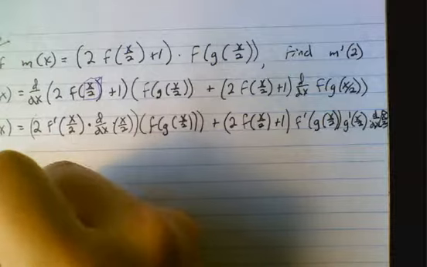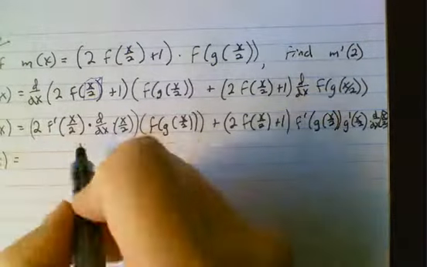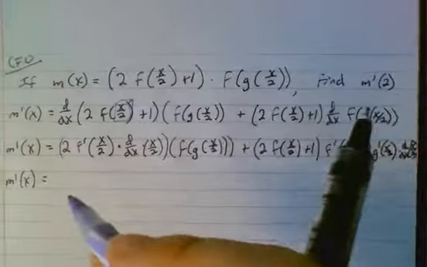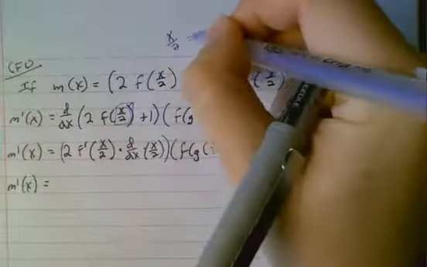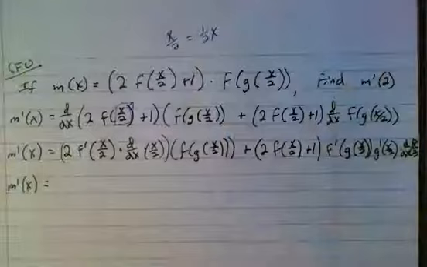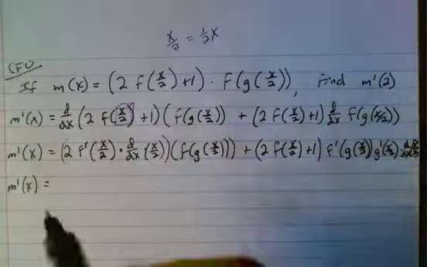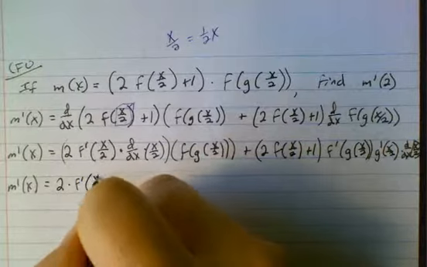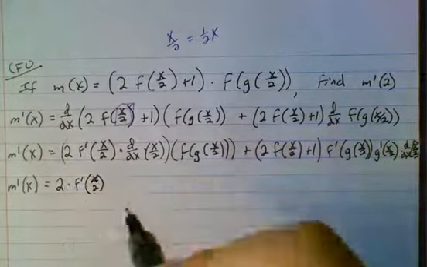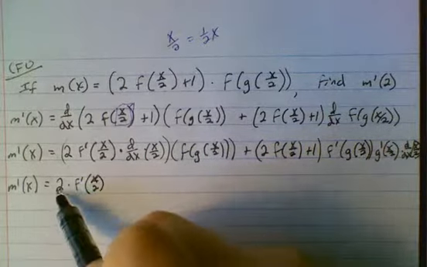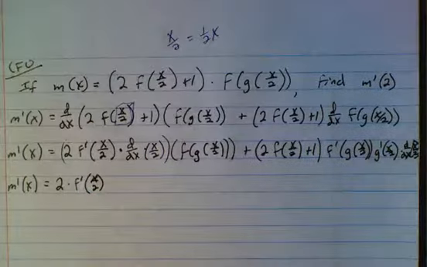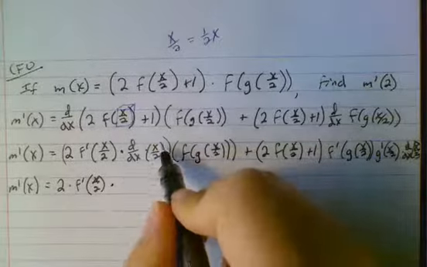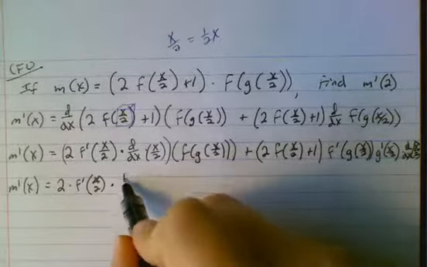So we've got to do those two derivative pieces. Remember, x over 2 is the same as 1/2 x. So the derivative of x over 2 is just 1/2. So we've got 2 times the derivative of f of x over 2, and then this derivative of x over 2 just becomes 1/2.